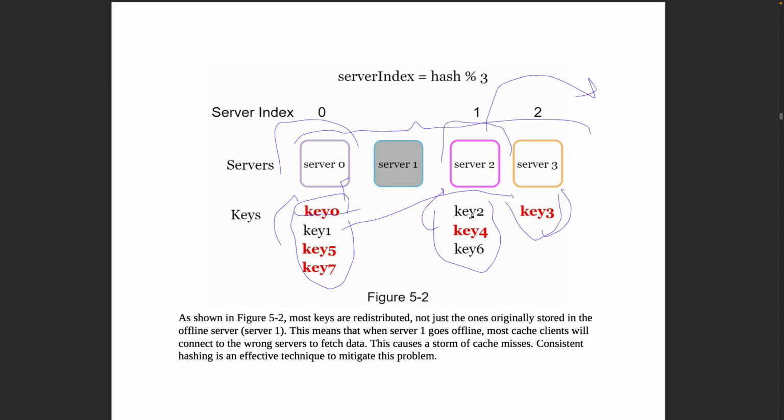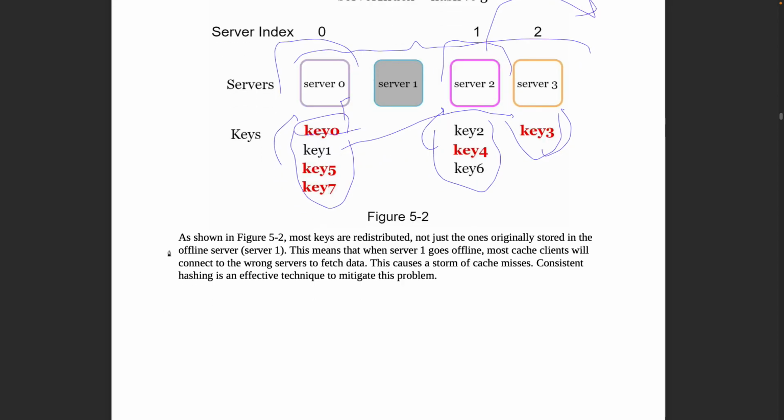So if we wrongly distribute the keys to the servers, we won't get the value for those keys. I assume that we are all familiar with what a cache and a cache server are, like Memcache and Redis, and with storing key-value pairs and retrieving the value from the cache server.